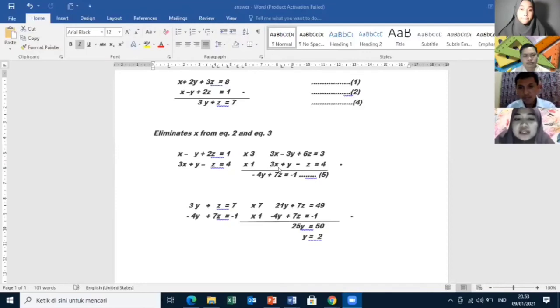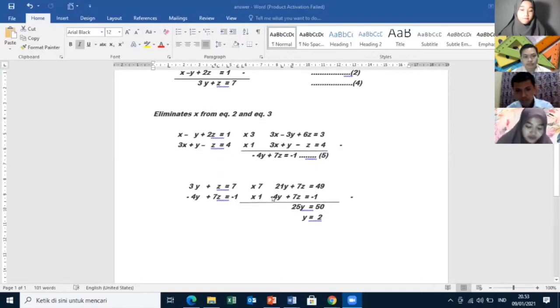We subtract, and the result is minus 4y plus 7z equals minus 1, which is equation 5.